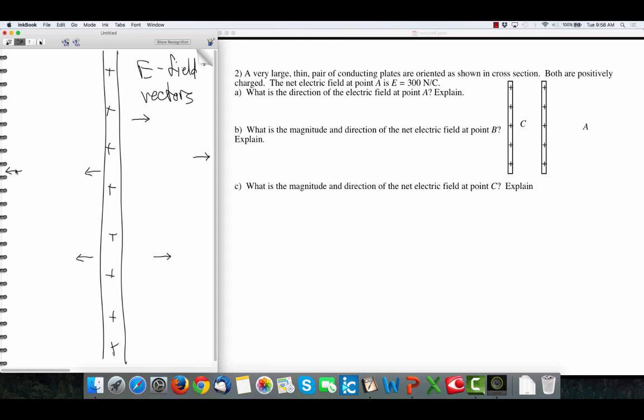It's what's known as a uniform field. That means the magnitude and the direction are independent of location. So everywhere in here, on the left of the plate and to the right of the plate, the electric field has the same magnitude and the direction is always pointed away from the plate.